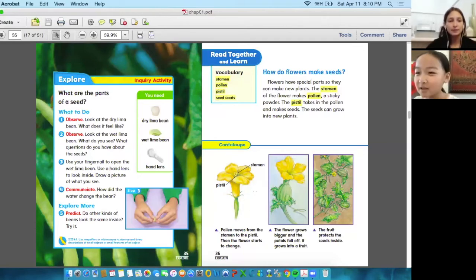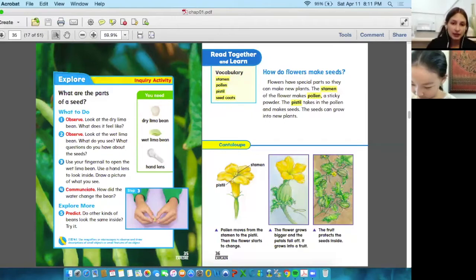Oh, I can just explain. Pistil, little plant. Well, the pistil is the bottom part of the stamen. Is that an L, right? Yeah. No, it's pistil. Yes. Little plant.